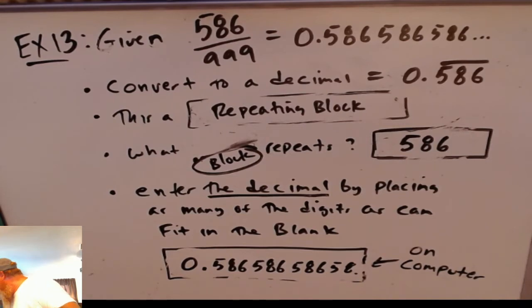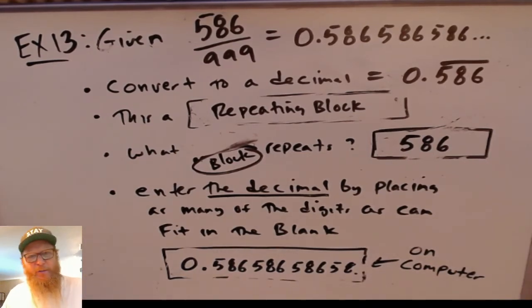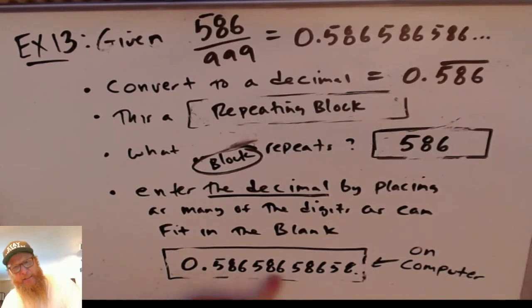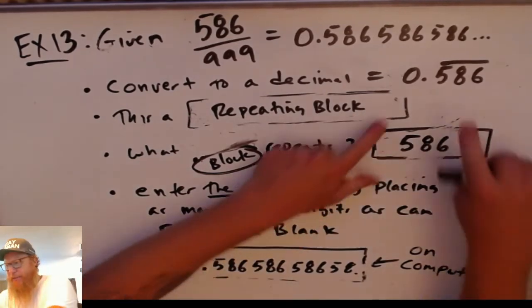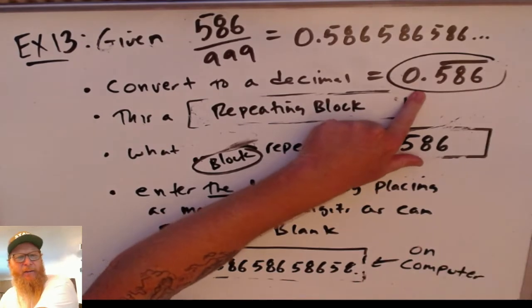So why did I bother going through all of that, other than I want you to be able to get the right answer? And yes, I want you to be able to get the right answer, but I also want you to be able to go the other way. And that's really what I've been leading towards in this presentation. What I'd like us to be able to do is to start with one of these repeating digits, written out in that form.